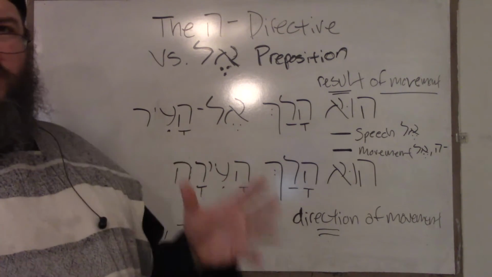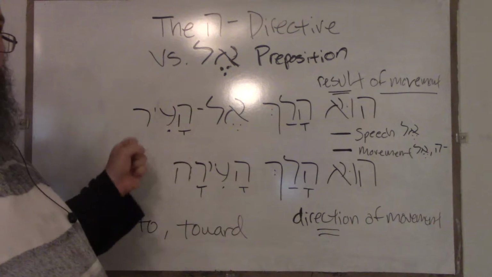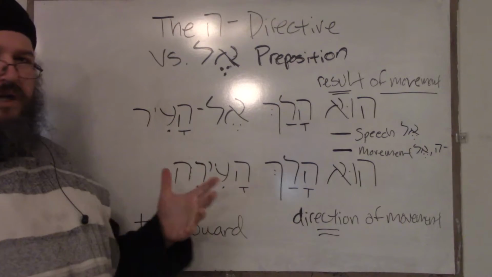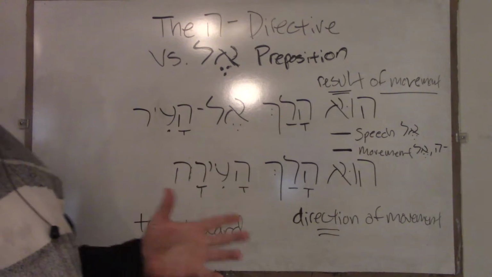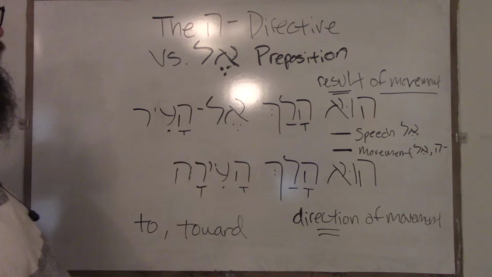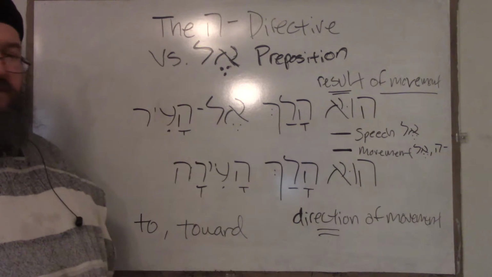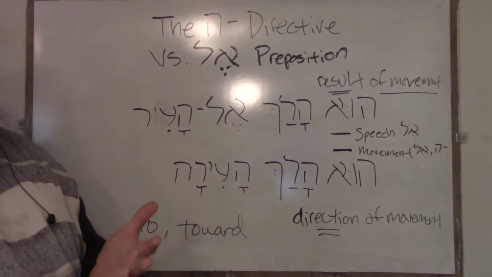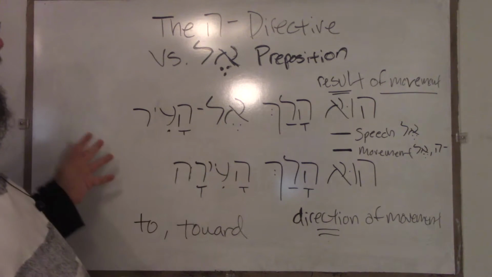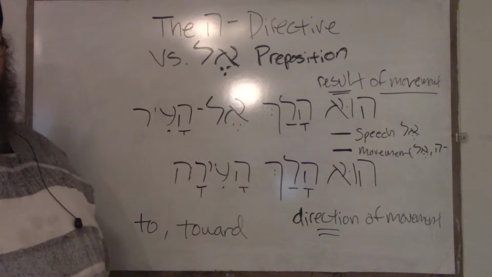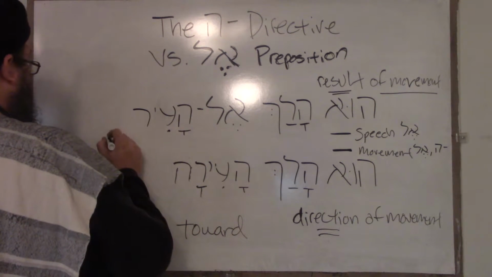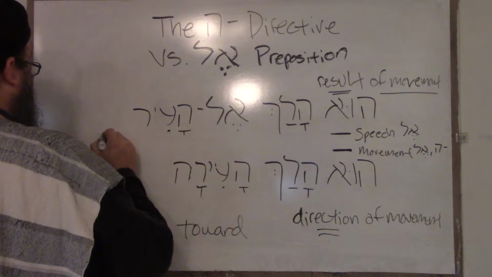Those are the words the hey directive is always going to be attached to. Two special exceptions are toward heaven and toward the earth; those are the two that are outside of it. So when we're talking about land masses, land structures, and land regions, that's when we attach the hey directive.